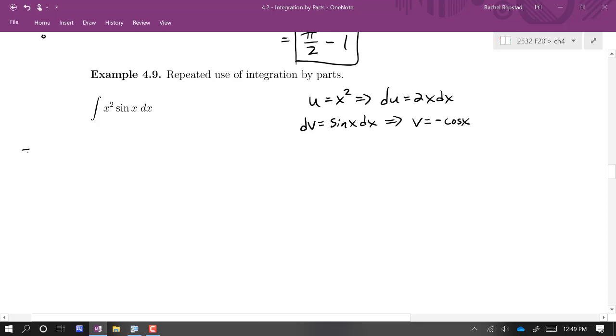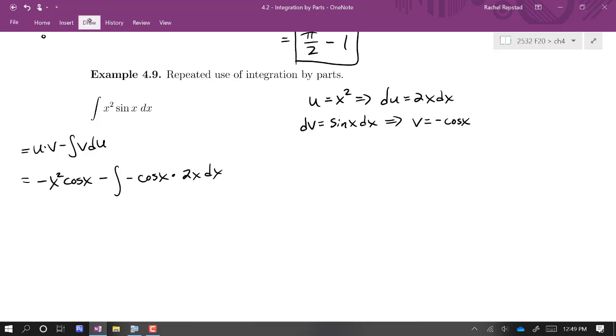So let's put this together. u times v minus the integral of v du. u times v, so if I multiply u times v, I get a negative x squared cosine x minus the integral of v du, so that's negative cosine x times 2x dx.